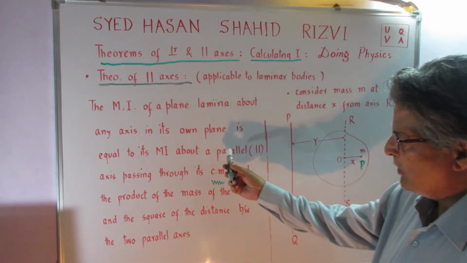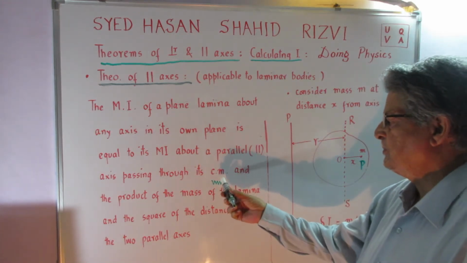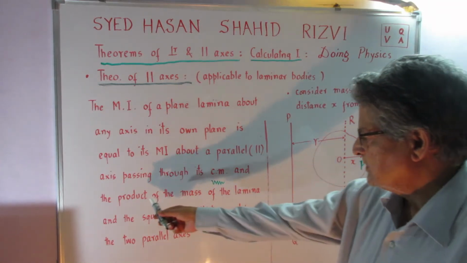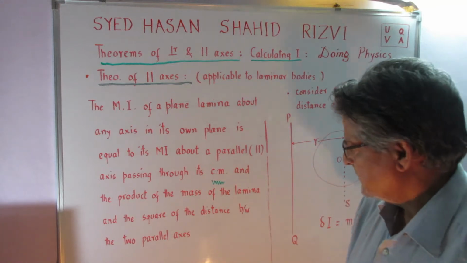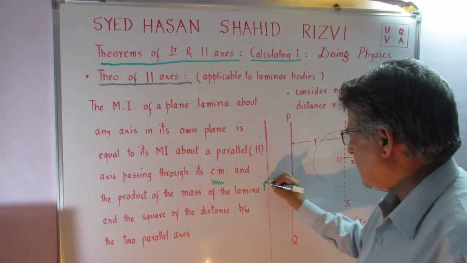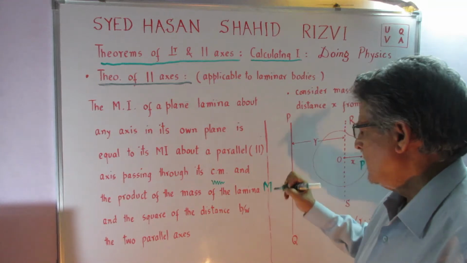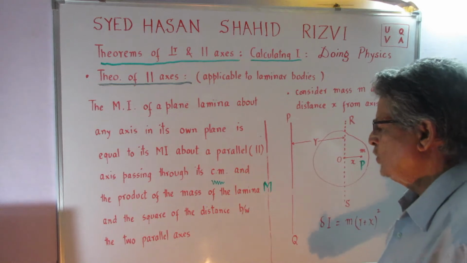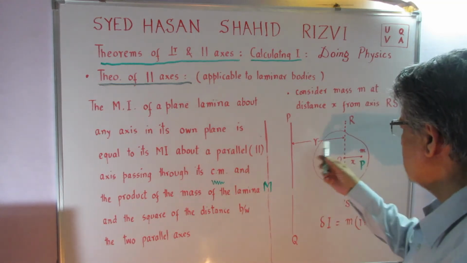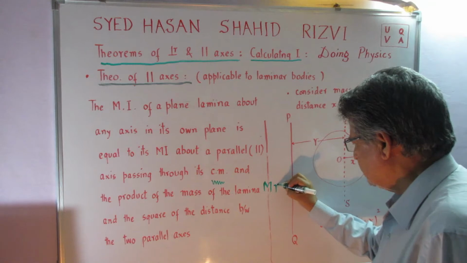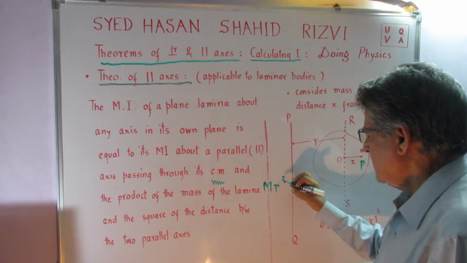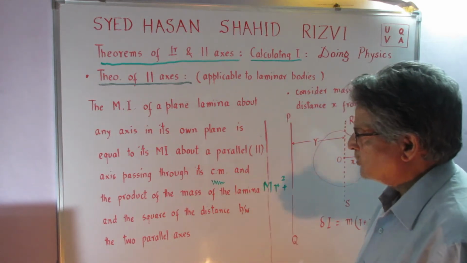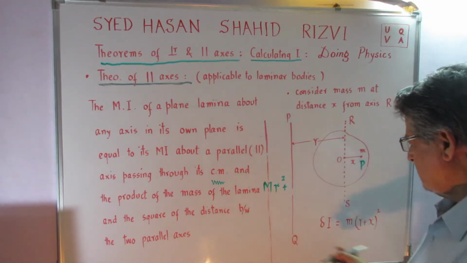So it is the moment of inertia about the axis passing through the center of mass, plus the product of the mass of the lamina, suppose capital M, and the square of the distance between the two parallel axes. That is r, as defined here, Mr square, plus the moment of inertia about this axis. This is what I am going to show you in the following.